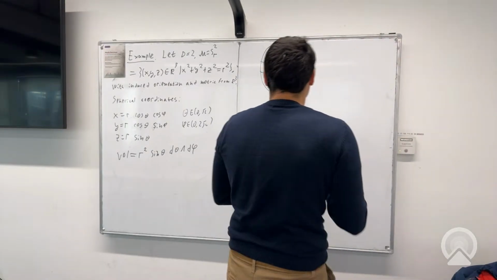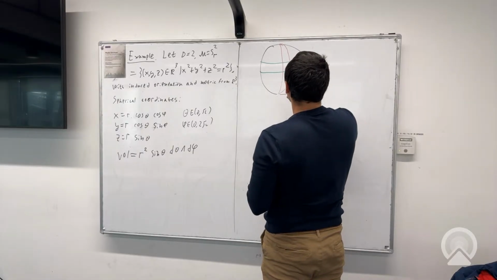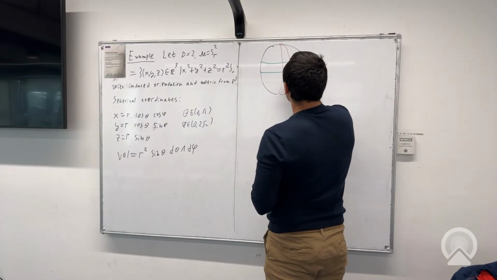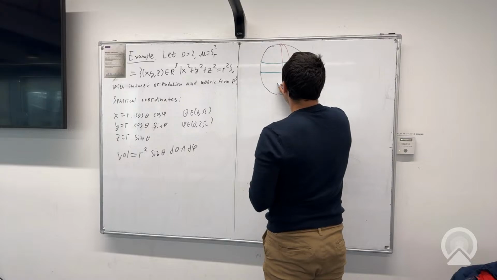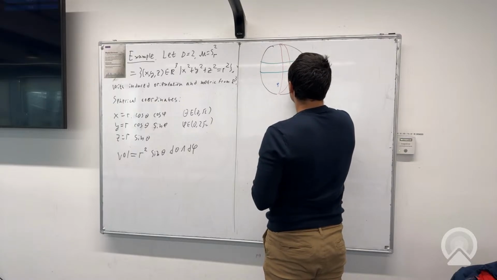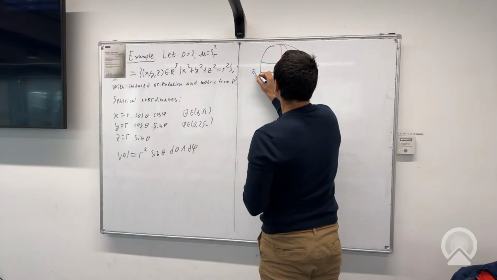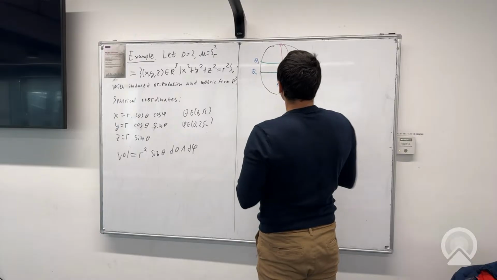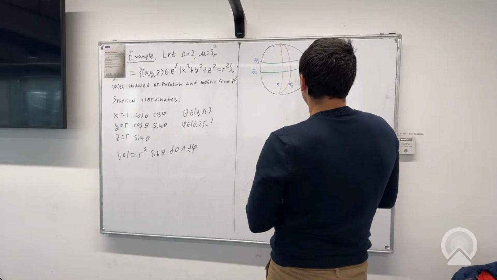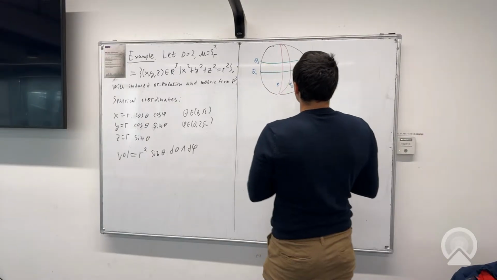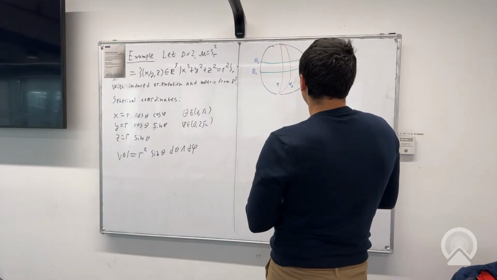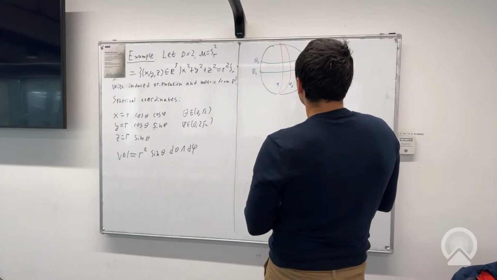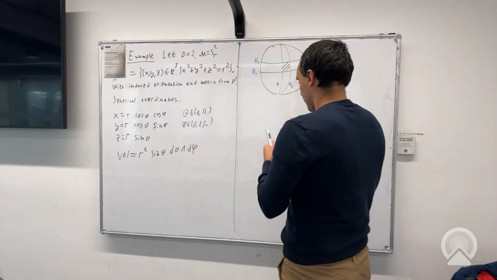So call this, for example, phi 1, phi 2, theta 1, theta 2, is it right? Yes. Okay, and we are in this region here.